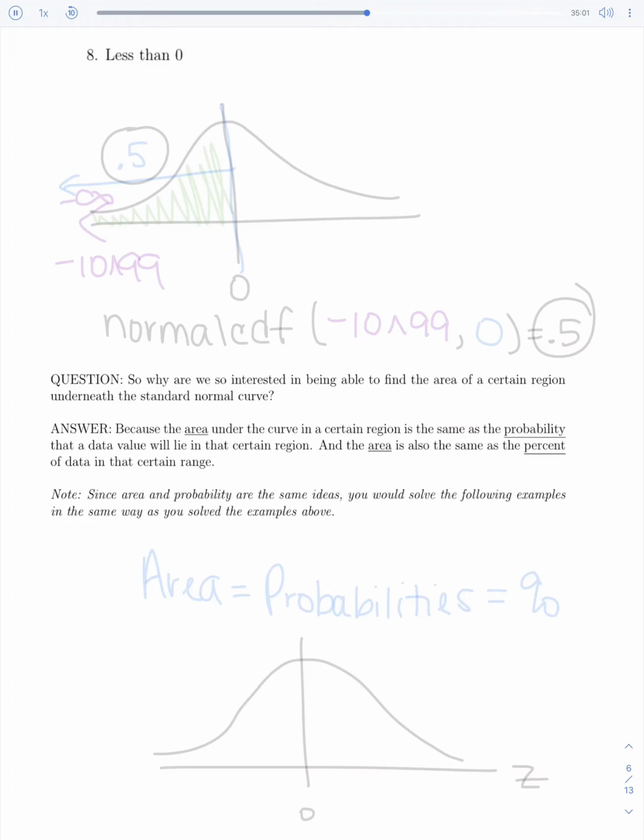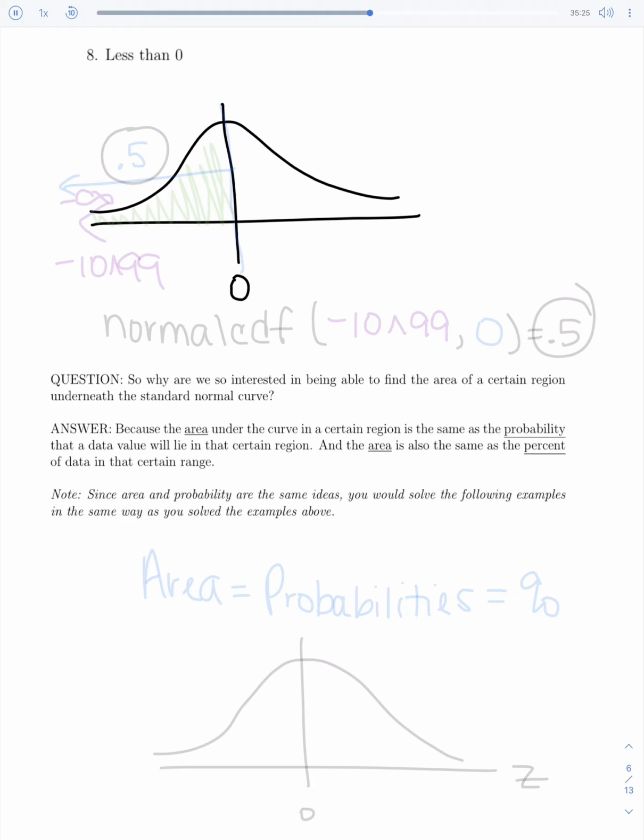Now, in problem number 8, they tell us that we want to find one last problem. For problem 8, we're looking at the probability or area of something being less than 0. So we can still do the same idea. We can draw our standard normal curve, but we do know 0 goes exactly in the middle.